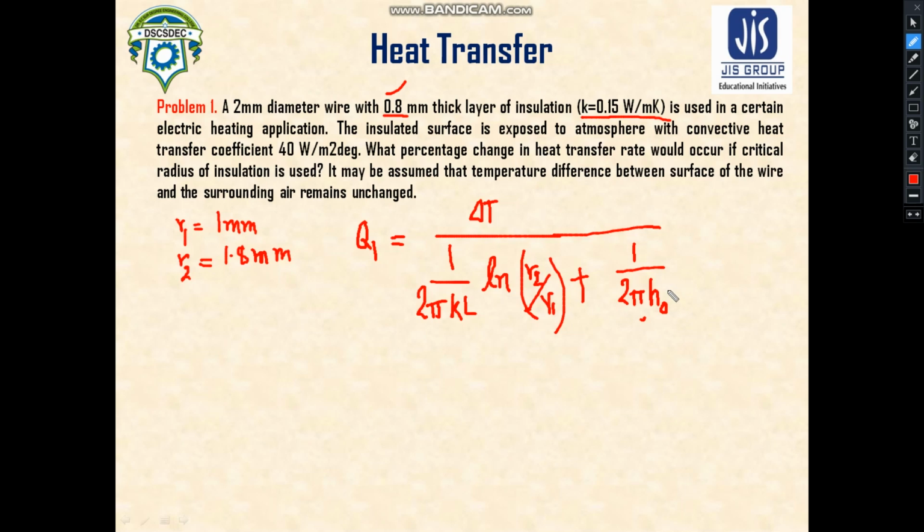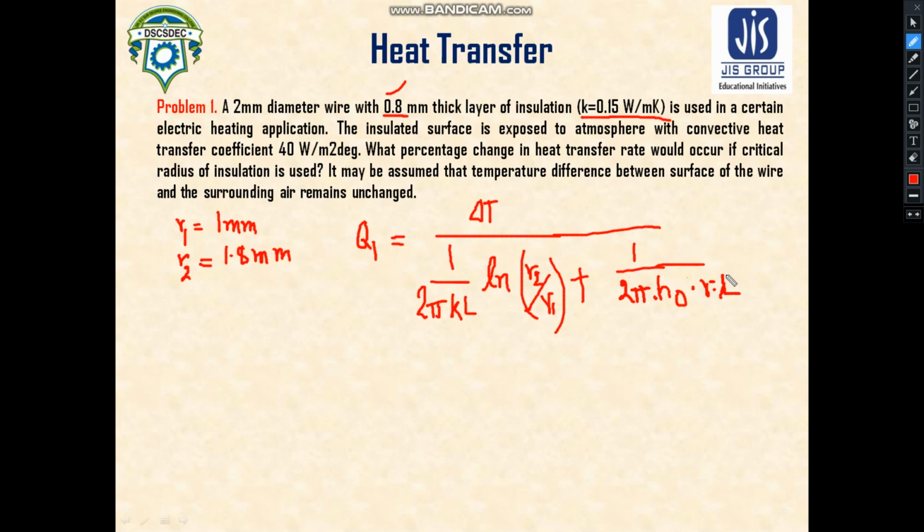The formula would be 2 pi R2 L, that is the area of heat transfer, and this HO is multiplied here. I'd like to clearly mention it here: A into HO, right? Now what is A? A is 2 pi RL. So 2 pi into HO into RL. L is the length of cylinder.